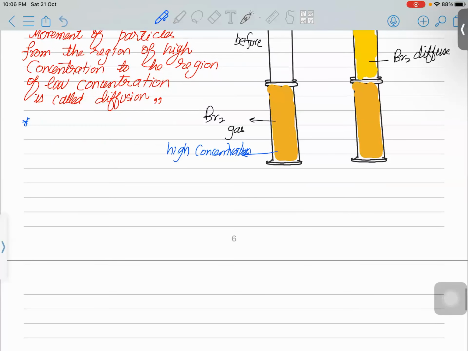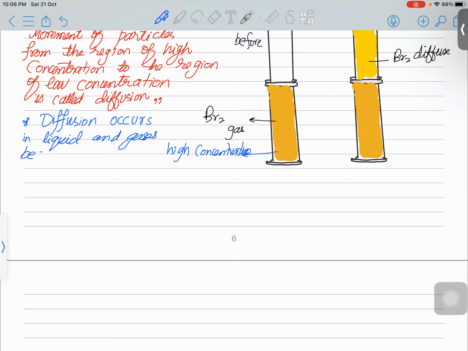So next point, diffusion occurs in liquid and gases.